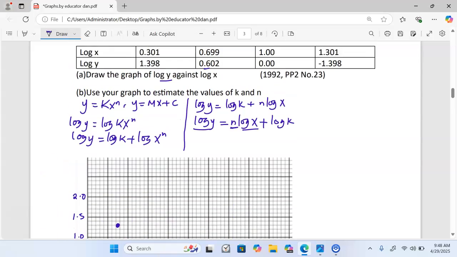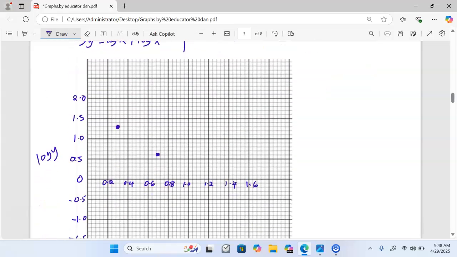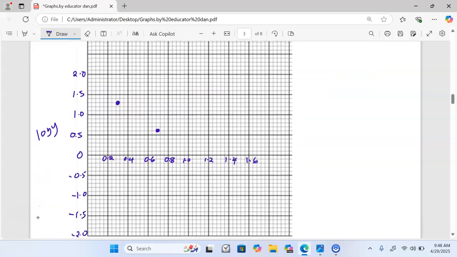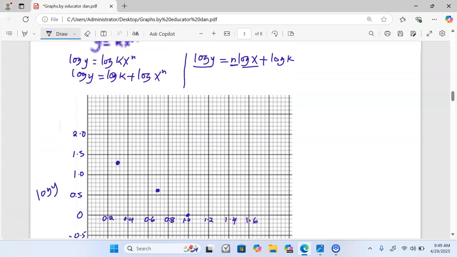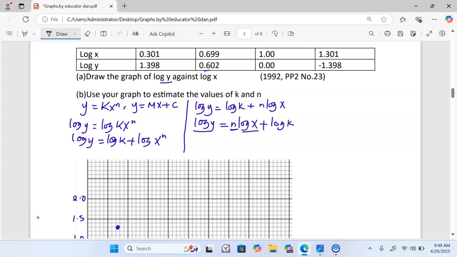Then when log x is 1, the other one is 0. And when it is 1.3, it is negative 1.398, which is negative 1.4.